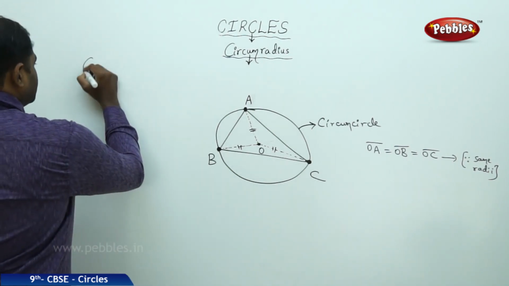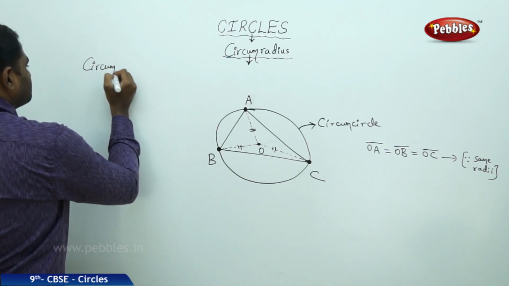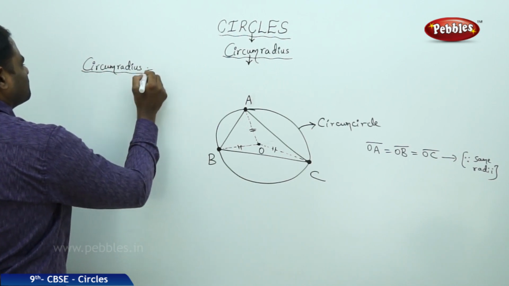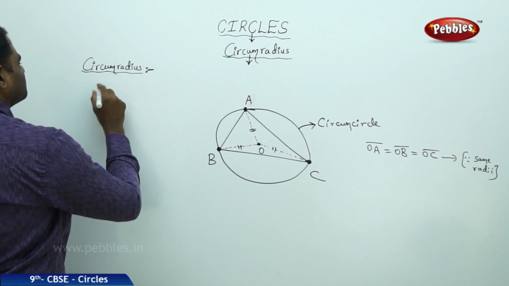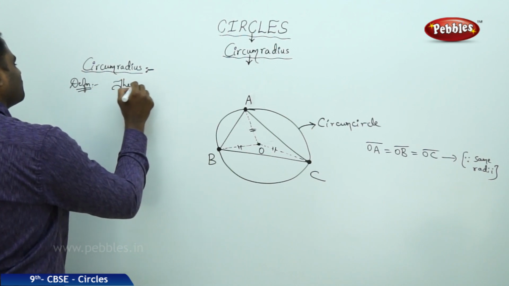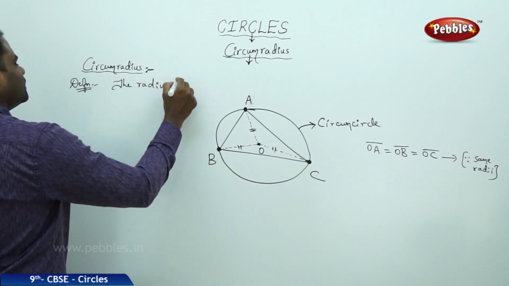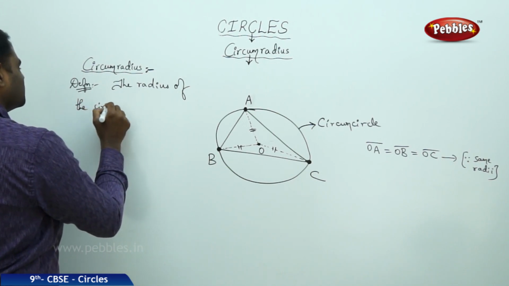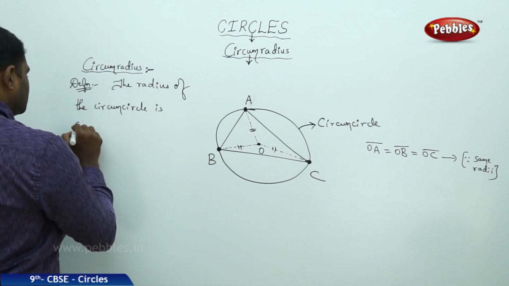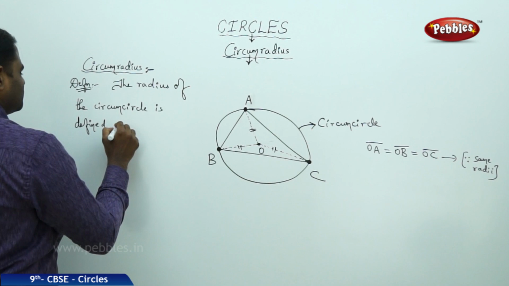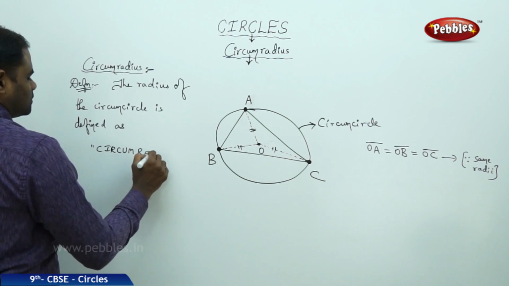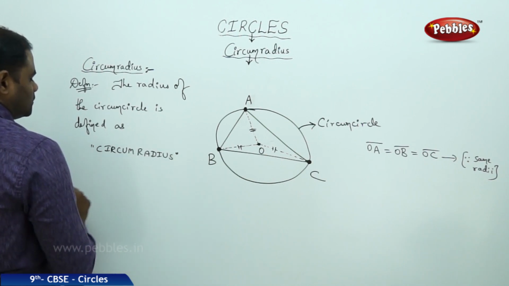So let's come with the definition. The radius of the circumcircle is defined as circumradius.